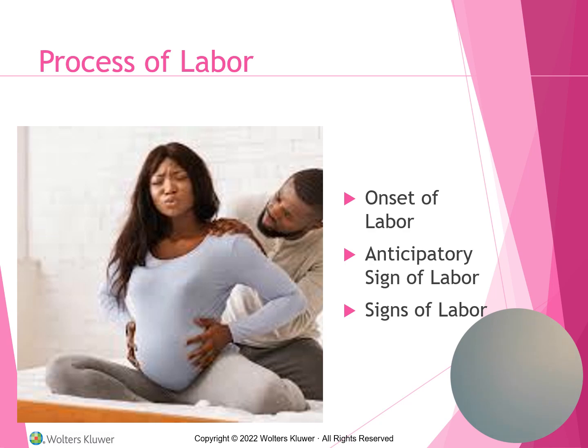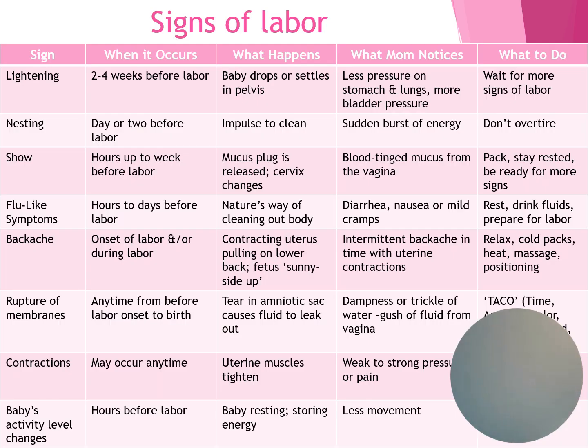She may have Braxton Hicks contractions, a sudden burst of energy or nesting. And there may be some cervical ripening going on, along with effacement and dilatation. So these are different signs of labor that mom may see. It tells when it will occur, what's happening with that sign, what mom may see, and what mom should do.